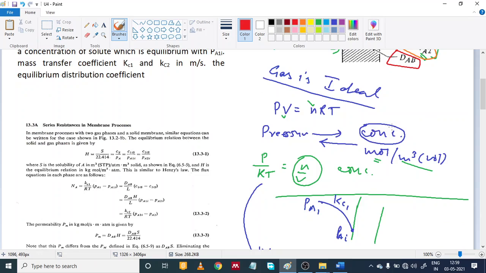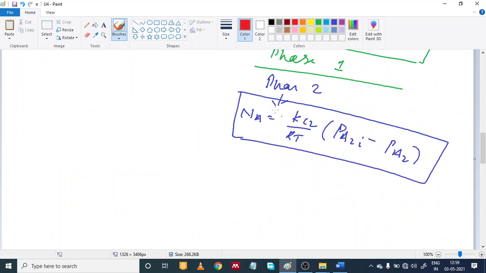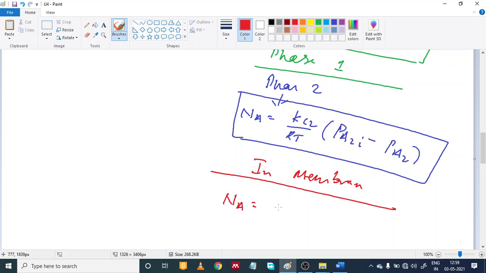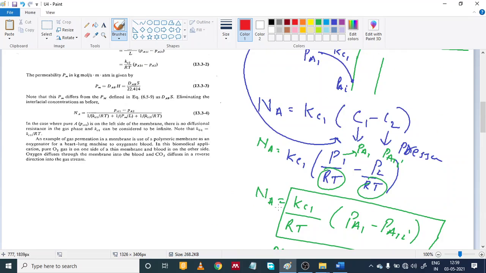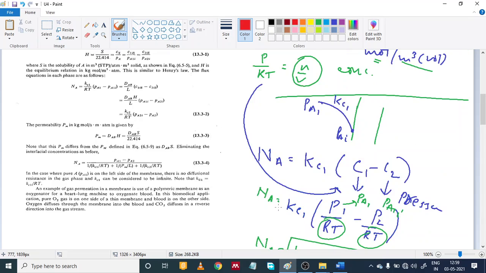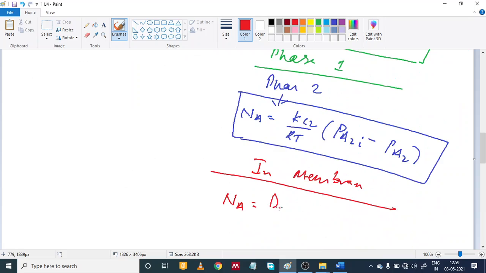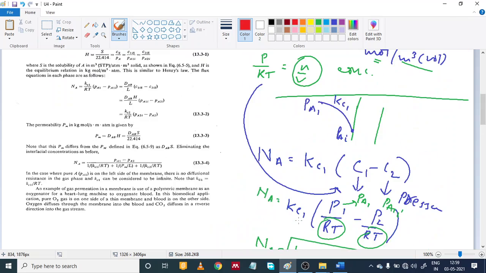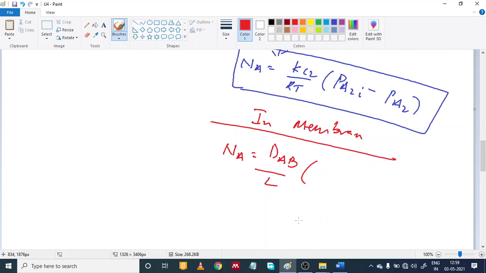If you remember earlier, in the membrane, this is phase 2, Na can be denoted by DAB upon L, and the difference between the concentration, that is C1is minus C2is.